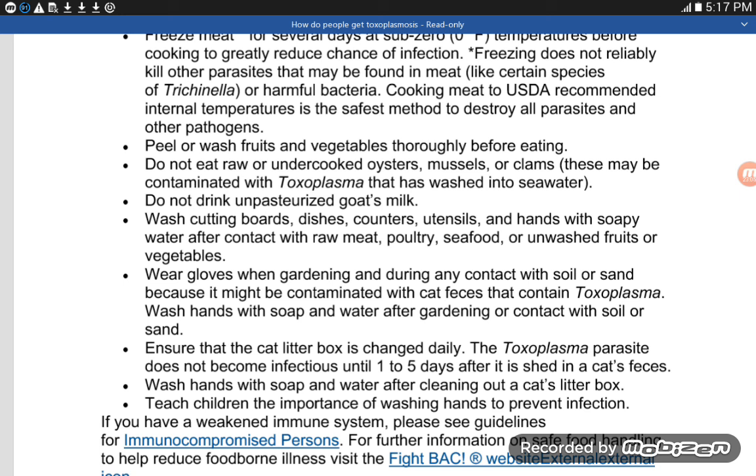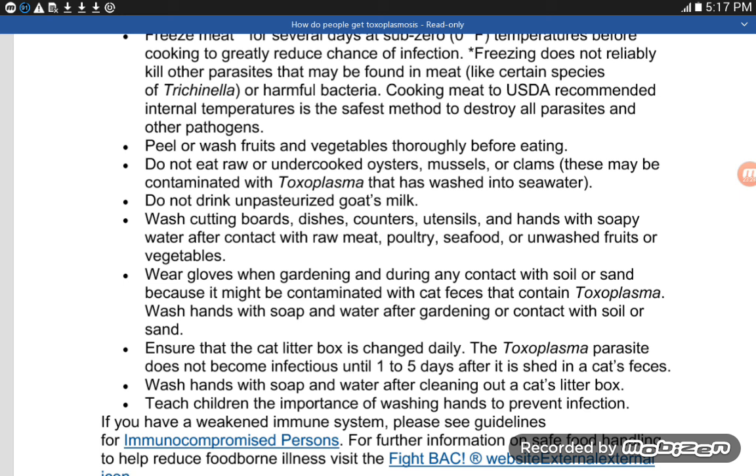Wash hands with soap and water after cleaning out a cat's litter box. So same thing. In each and every possible route, you have to wash your hands thoroughly, and teach children the importance of washing hands to prevent infection.